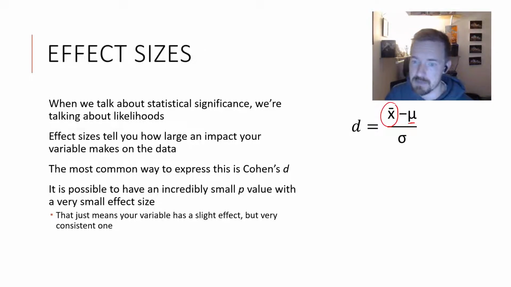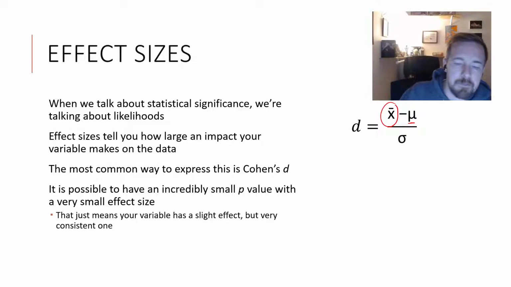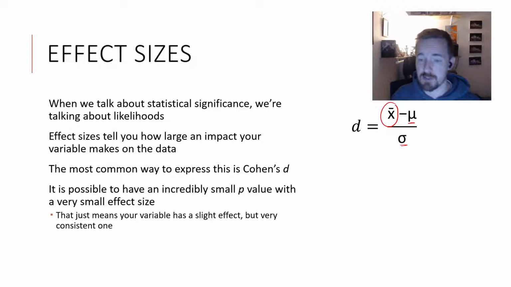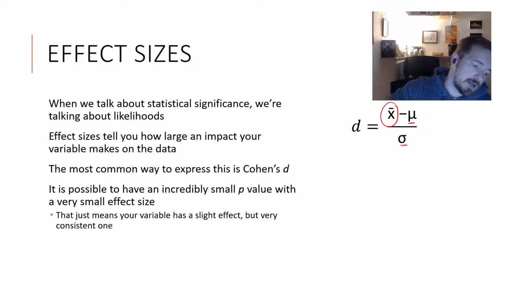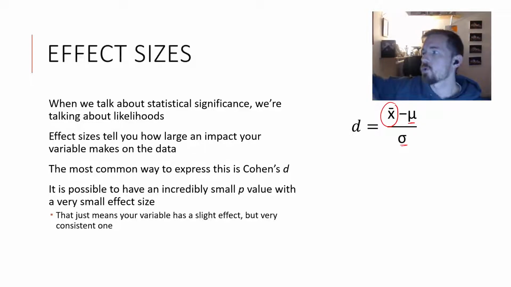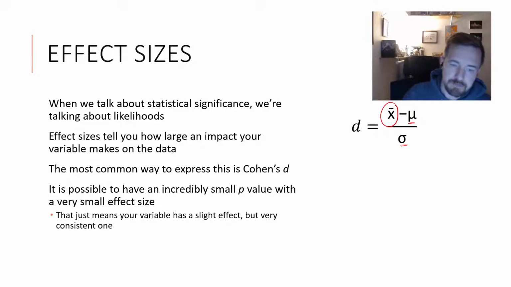Don't tell anybody that's what we're doing, but that's what we're doing. But this will tell us how far away our results are in standard deviations. So if you have a Cohen's d of 2, basically that means that your group created a shift of 2 whole standard deviations in the data.